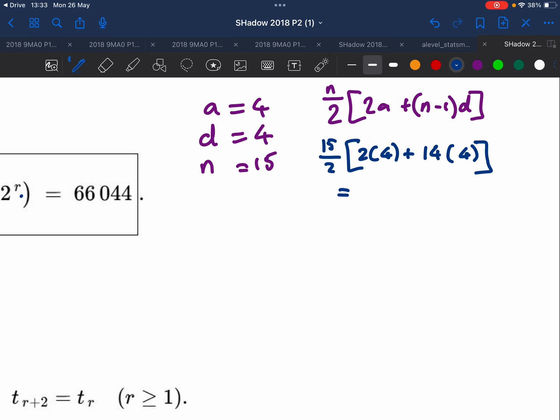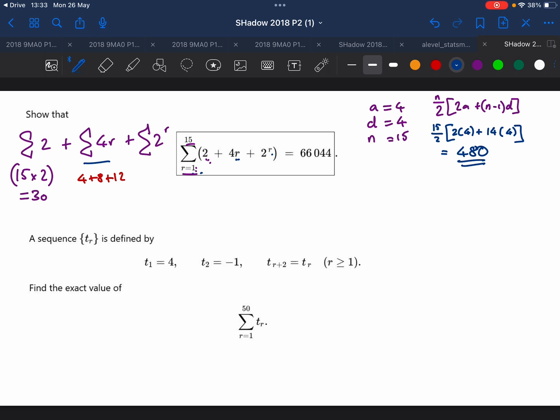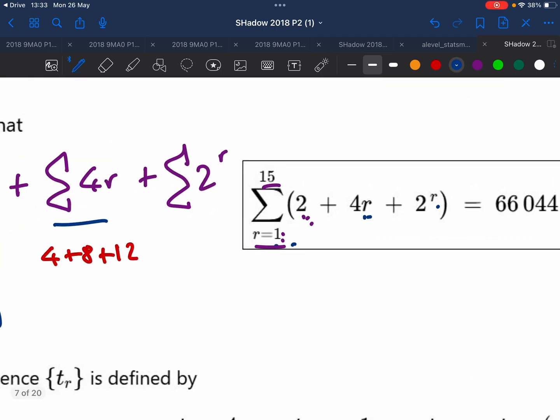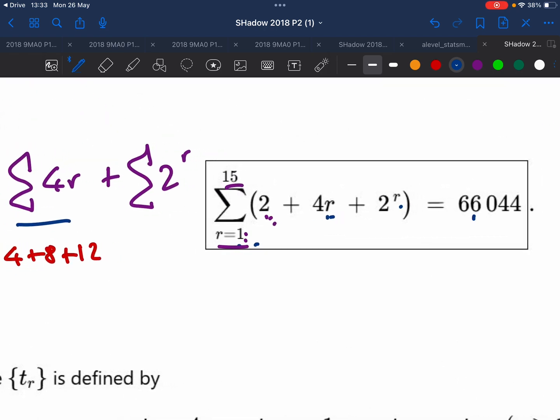So far I've got my 30 and my 480, and then it's time to handle this final bit. It looks like it should be quite big to make the whole thing add up to 66,000. Let's plug a few numbers in first to work out what's going on. When you put r in as 1, you get the number 2.